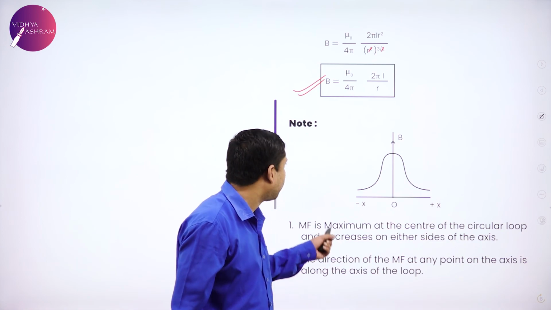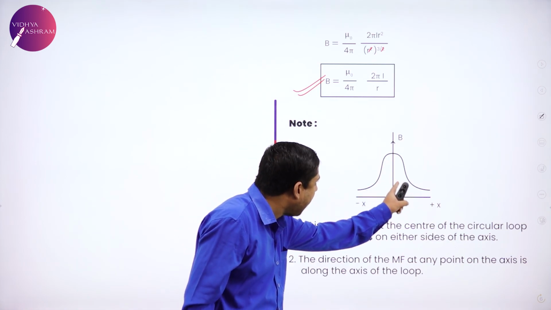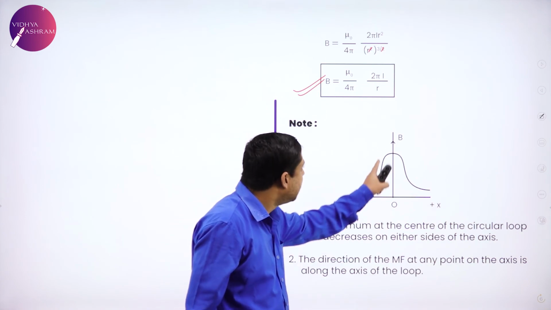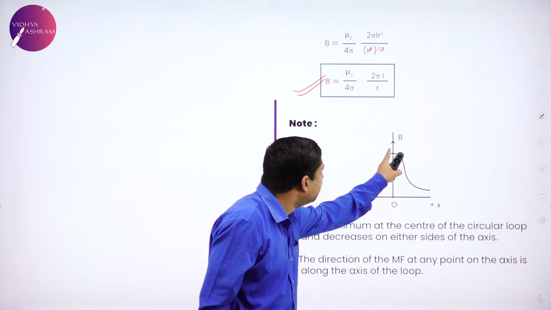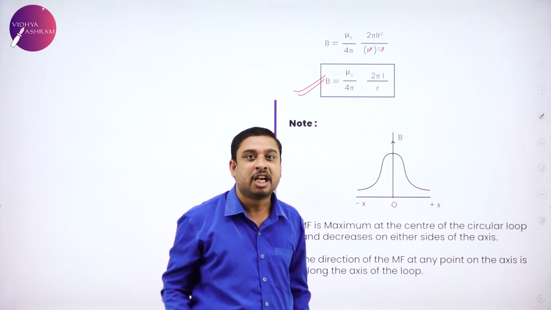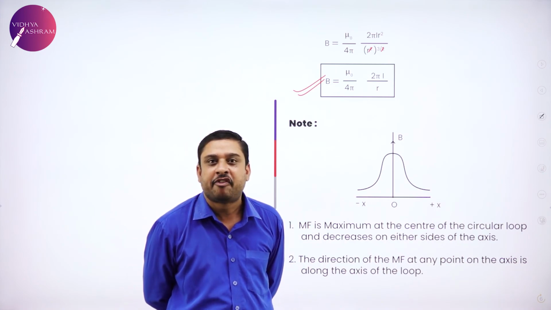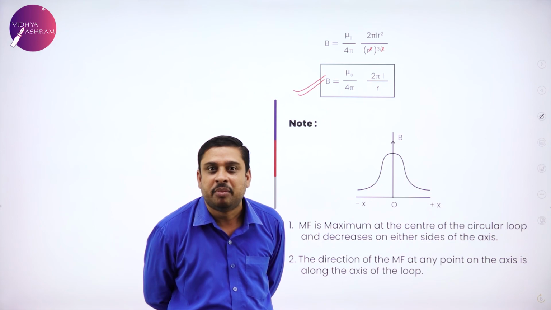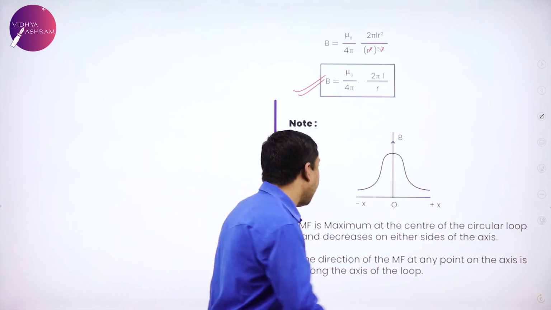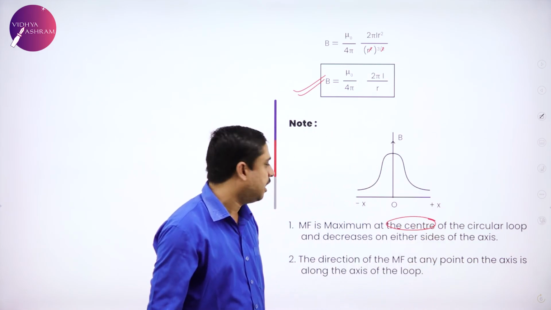Now, a very important note. If you observe the diagram, magnetic field is maximum at the center of the loop. They ask a 1-mark question: where is the magnetic field maximum in a circular loop carrying current? And it is always at the center.